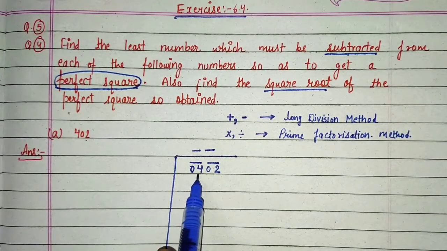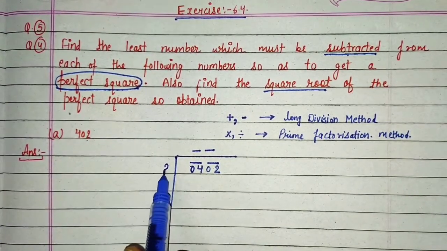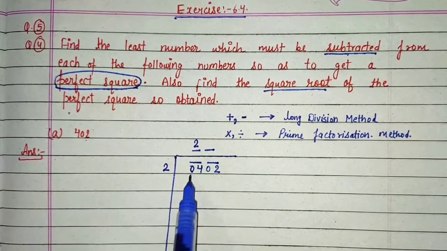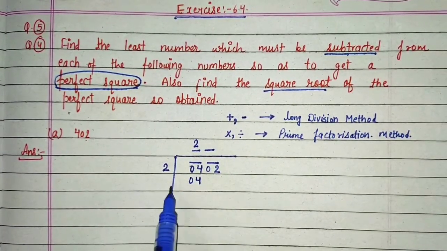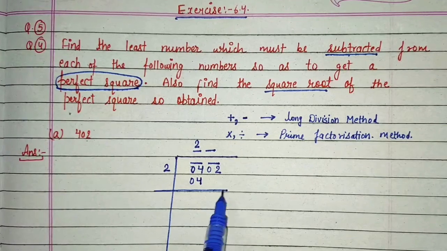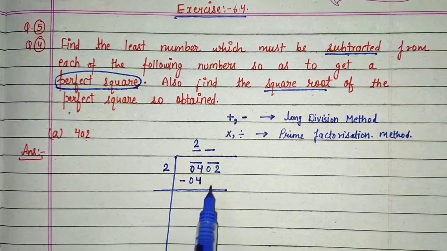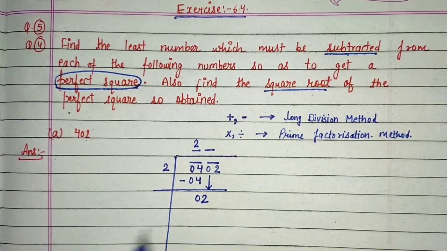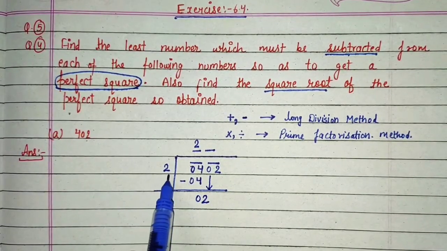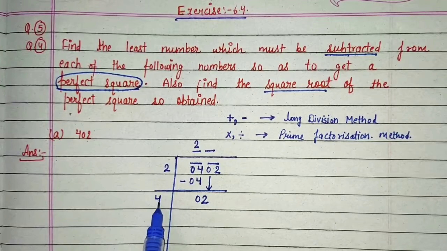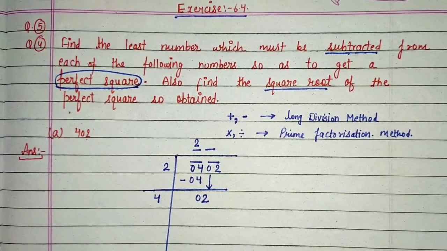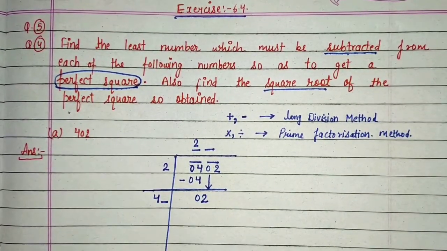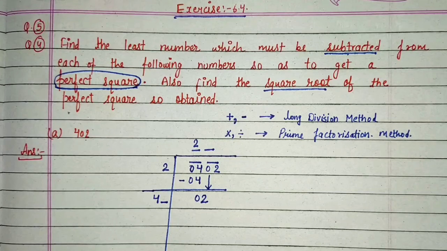The first pair is 4, so 2 square is 4. Subtract it, 0. Bring down this pair, 02. Add the same number, or double this digit, 2 and 2, 4. After that, put a blank here.